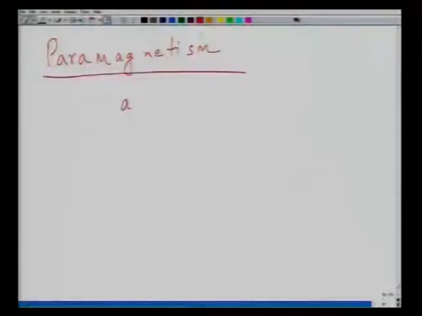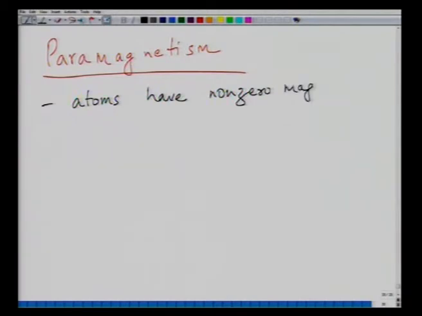So some essential features of these materials are that atoms have non-zero magnetic moment.